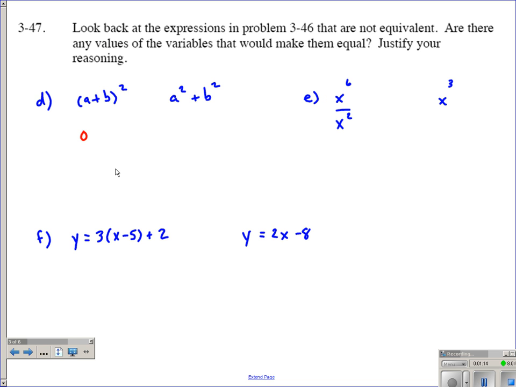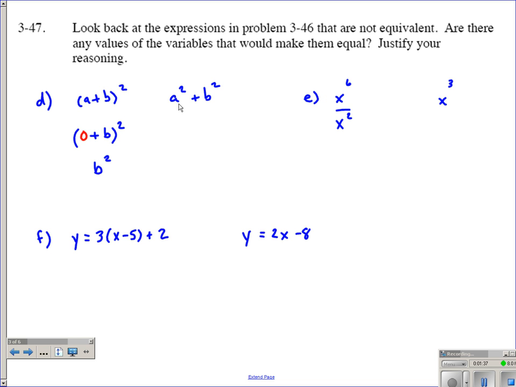I'm going to put in 0 for A here in the first one. So I've got (0 plus B) squared. Well, if I add 0 to anything, whatever we're adding it to is just going to remain the same. So that would be the same as saying B squared.